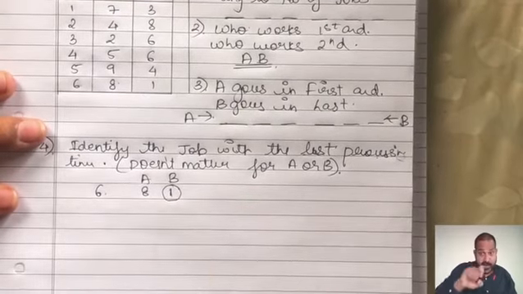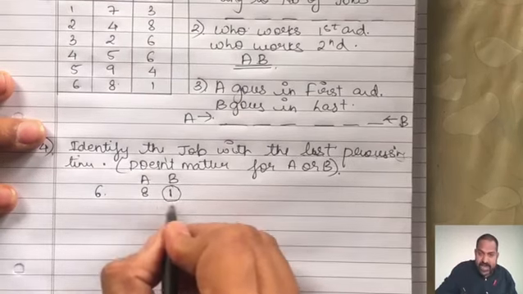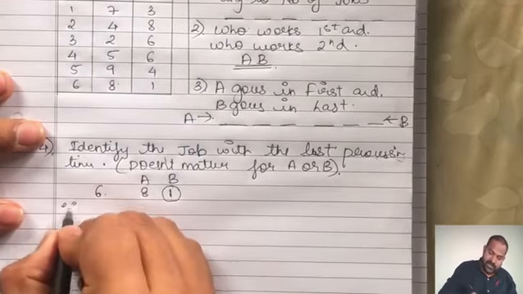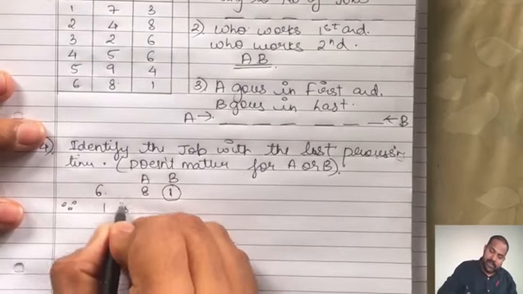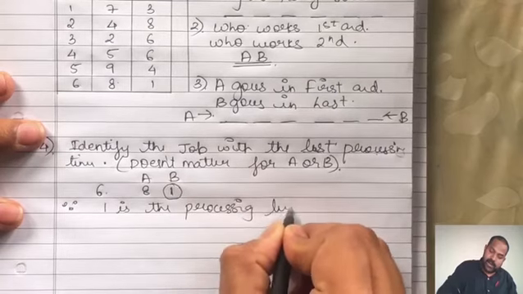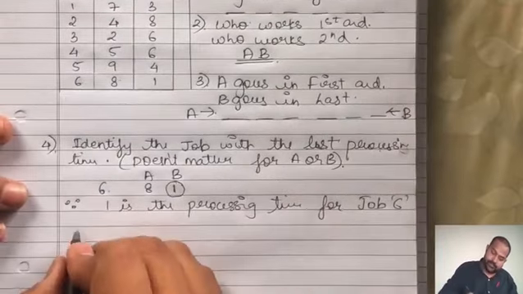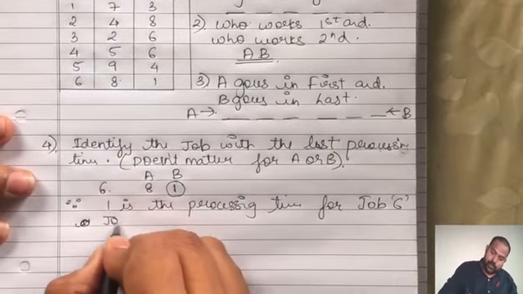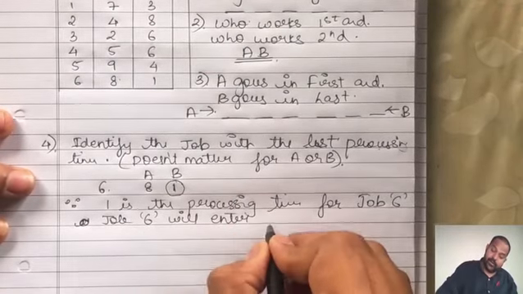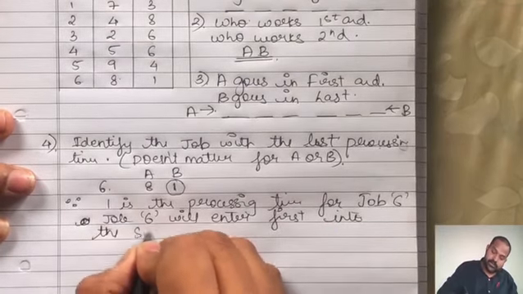Now, job 6 will enter first into the sequence, but from where? What is this least time for? B, no. B enters from the back.